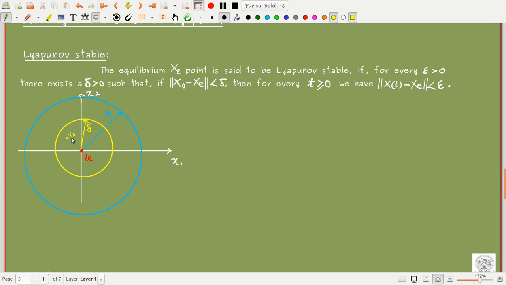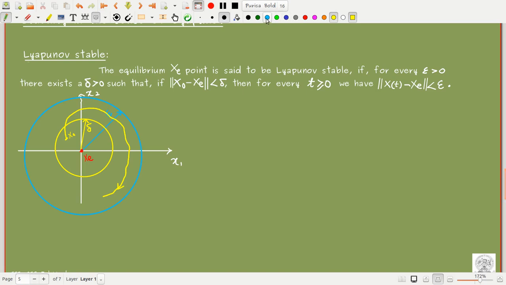I just have to lie within the epsilon ball, not reach the equilibrium point. That means a trajectory starting from x0 can go round and round, and if it lies within this epsilon ball, then I can say that the system is stable. This is Lyapunov stability.